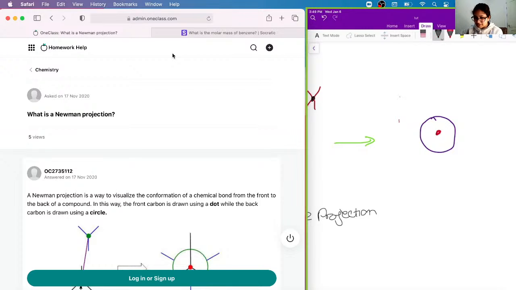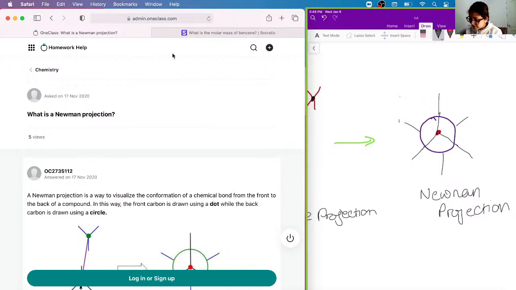And then you would have your projections like so. Okay, so this is your Newman projection.